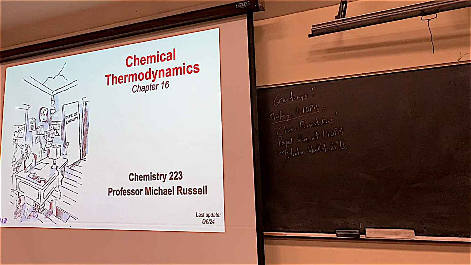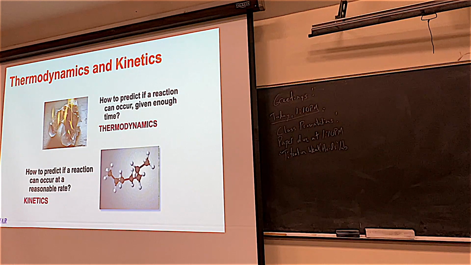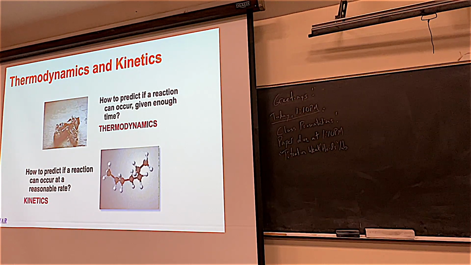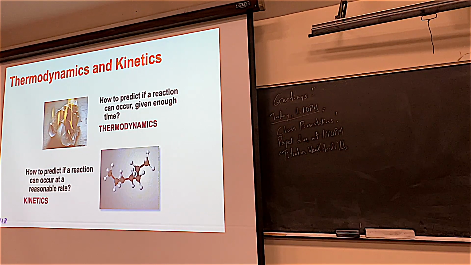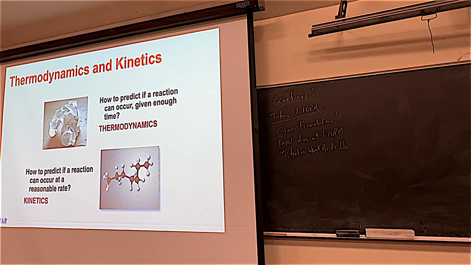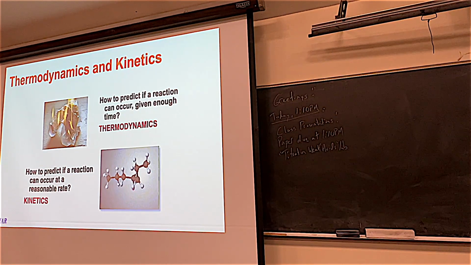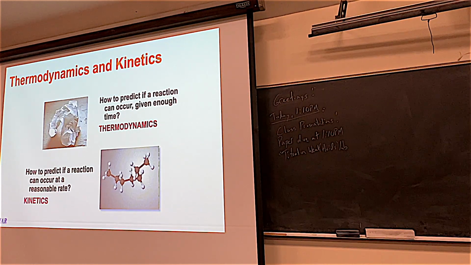Questions? Okay. Now, let's review real fast some important things here. Thermodynamics and kinetics, I would argue, basically dictate how chemistry and most of physical science works. Thermodynamics is kind of a yes or no option. When you know how thermodynamics works, you can tell if something's going to occur or when it won't occur.